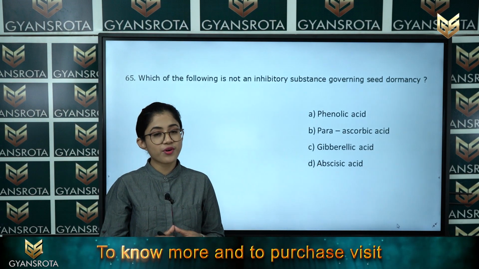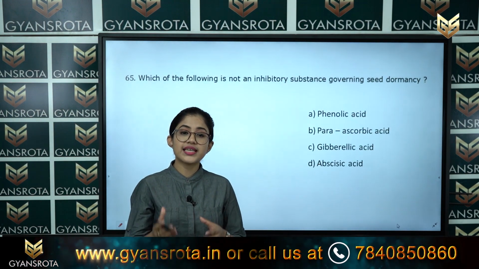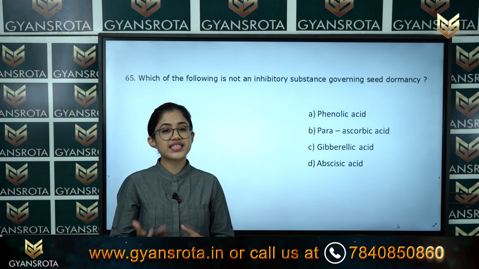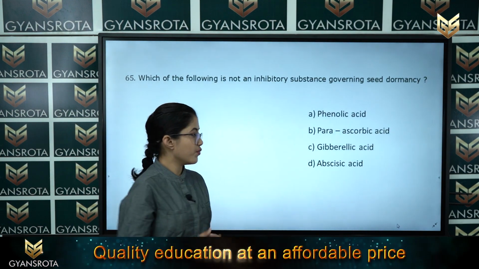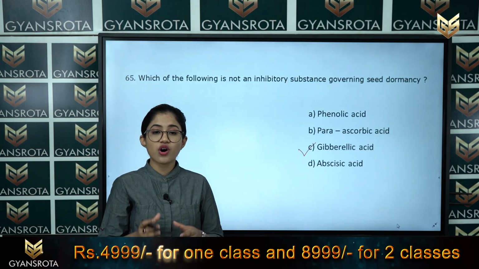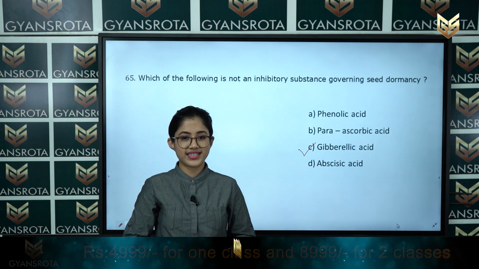So student, among these following options, we need to select the one which is not an inhibitory substance governing seed dormancy. So what is the correct answer? The correct answer is gibberellic acid, which is given in option number C. So gibberellic acid is not an inhibitory substance governing seed dormancy.